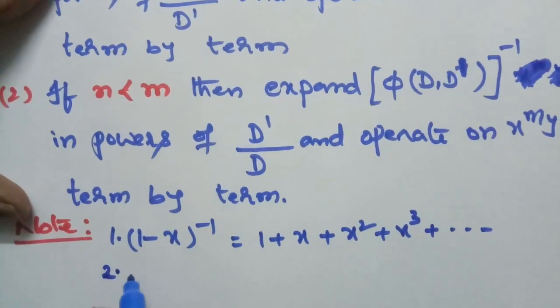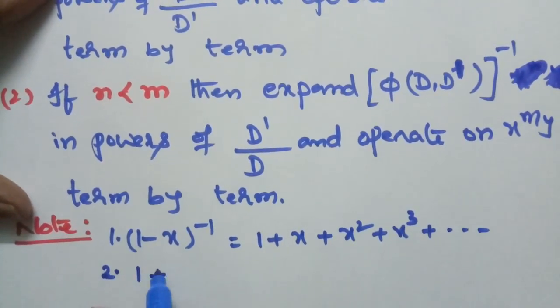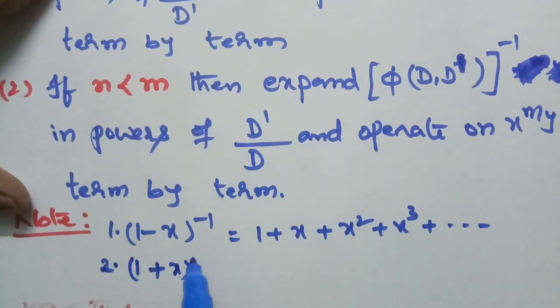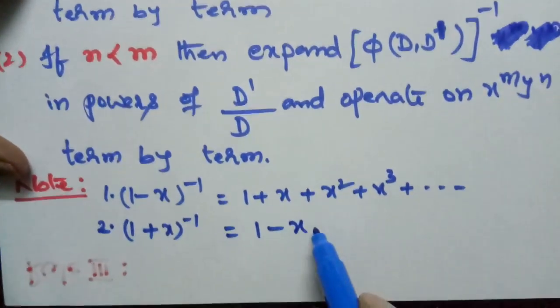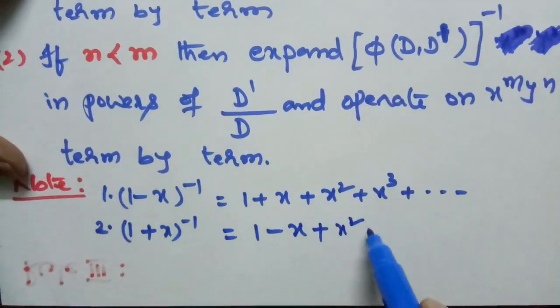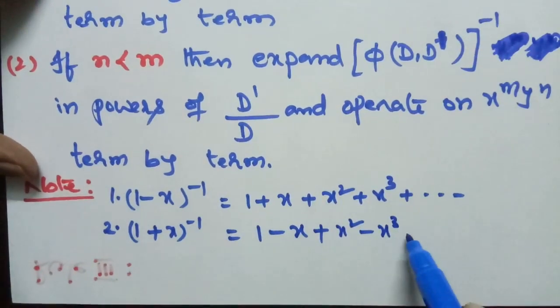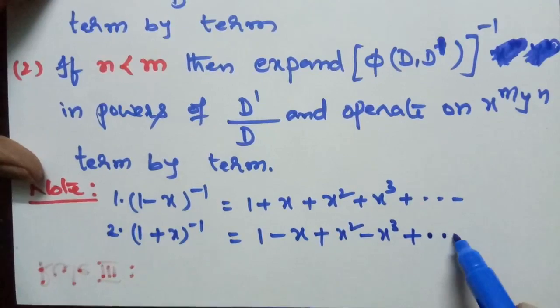Second one, (1 plus x) whole to the power of minus 1 is 1 minus x plus x square minus x cube plus and so on.